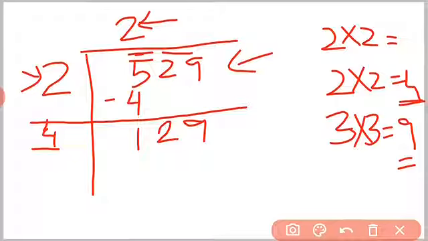Now we see that there is 129, so we have to choose a number to multiply so that we get a number less than or equal to 129.